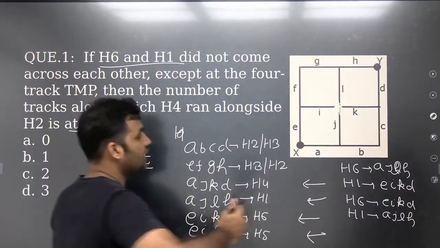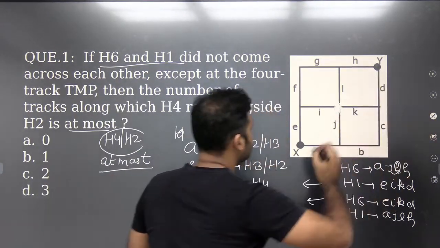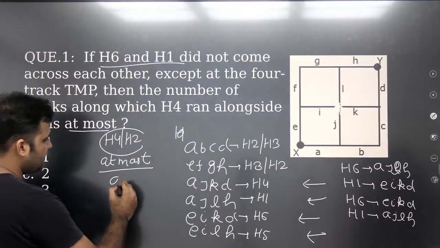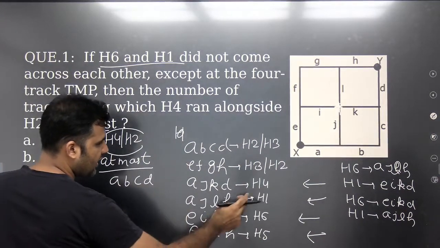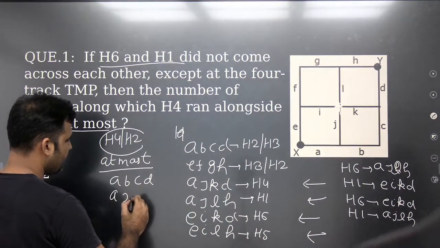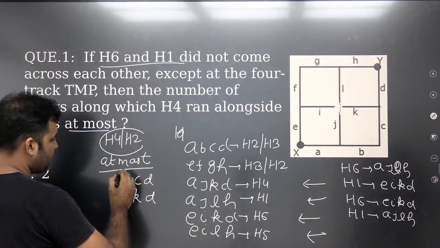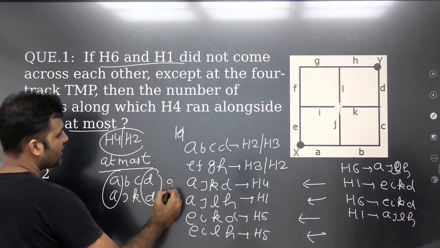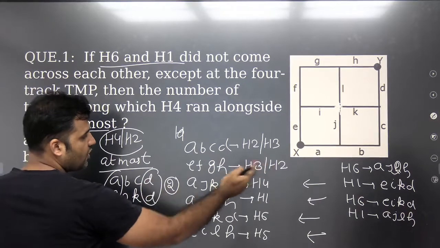If I go with H2 being A, B, C, D and H4 being A, J, K, D, then you see that there are two common tracks. H2 can go over here also.